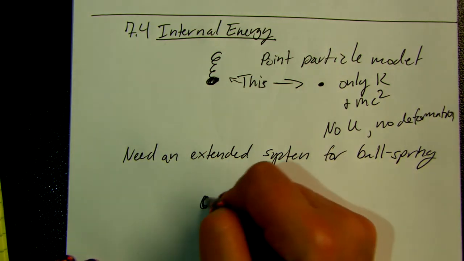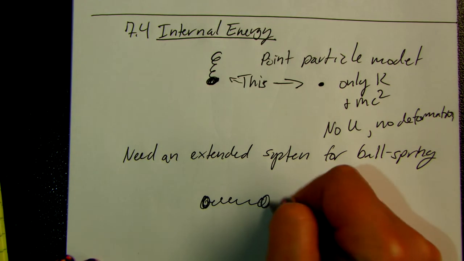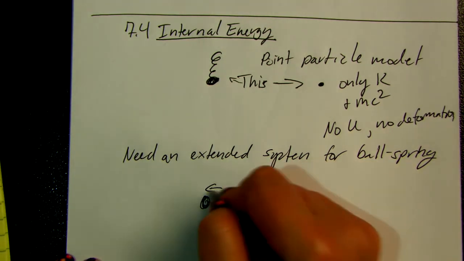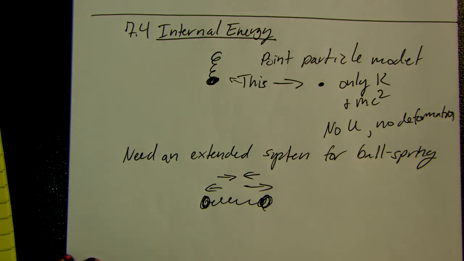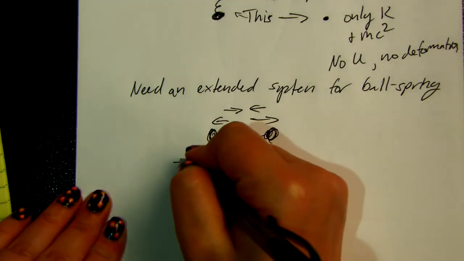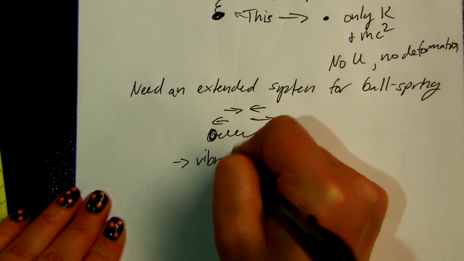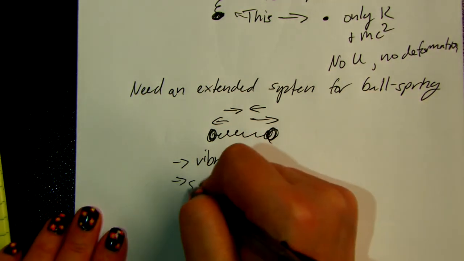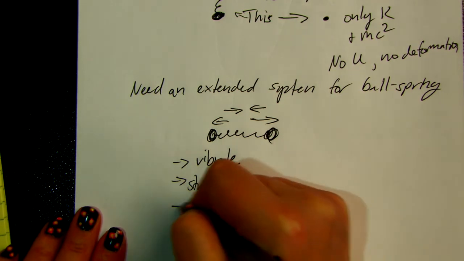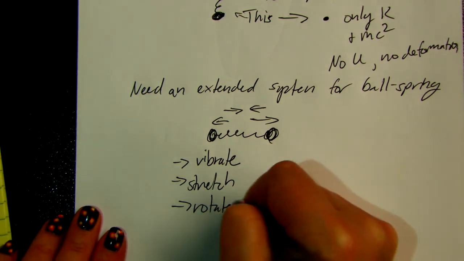Then we can look at, let's say we've got two balls connected by a spring. They can move. We can look at all that deformation. It's fantastic. They can vibrate, and we can account for it, so we can deal with vibration. They can stretch. They could rotate.